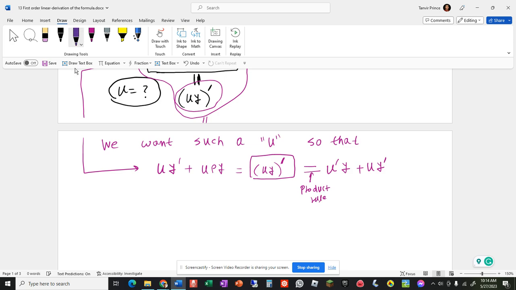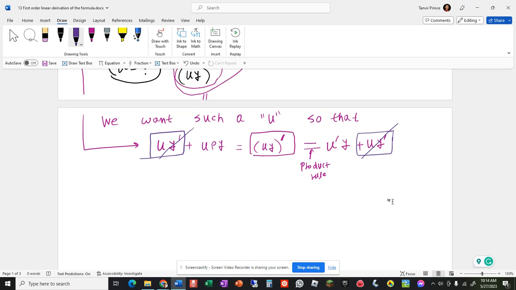I can subtract uy' from both sides, since I have the same thing on both sides, so I can cancel that out. Then let's write down what I have. When I cancel, it becomes much simpler. I have upy on the left and u'y on the right.